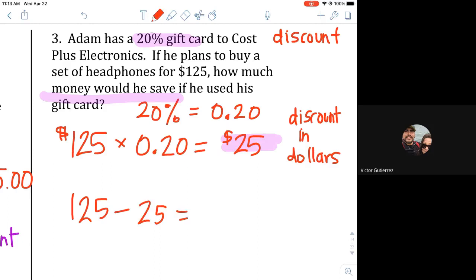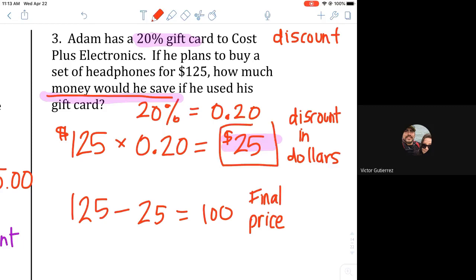He's going to pay $100. That's going to be the final price. But for this question, the question is how much money is he going to save? Well, he's going to save $25. That's the answer for this one.